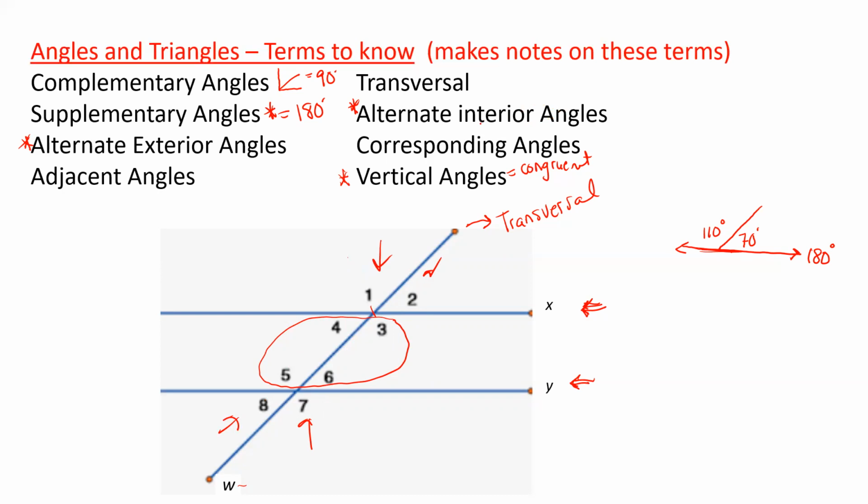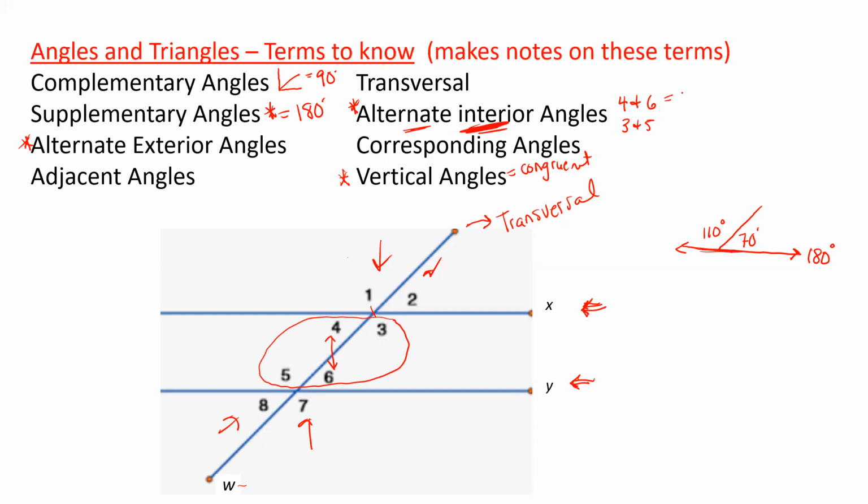When you have angles that are inside the parallel lines, those are alternate interior angles. Alternate means on opposite sides of the transversal. So 4 and 6 are alternate interior angles. They're on alternate sides of the transversal, inside the parallel lines. And angles 3 and 5 are also alternate interior.